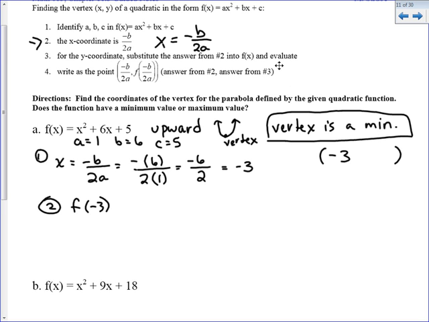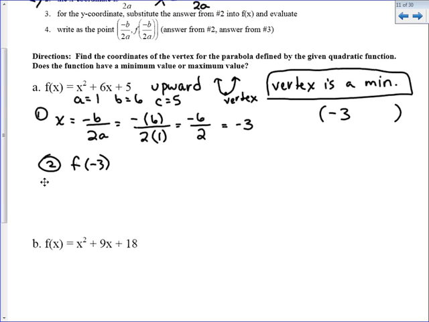So I'm going to use my function notation and say I'm looking for f of negative 3, which means just take negative 3, watch your parentheses, substitute it back in to your function. So whatever answer you get from the first part, you just plug it back into the function. That's going to tell you the y value.